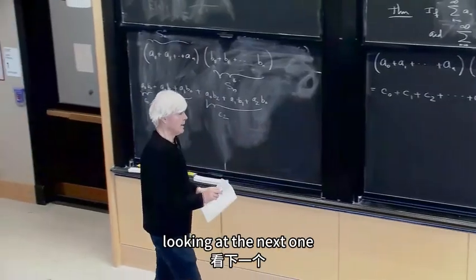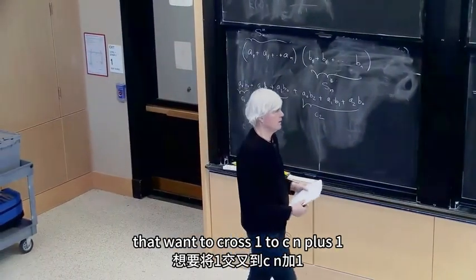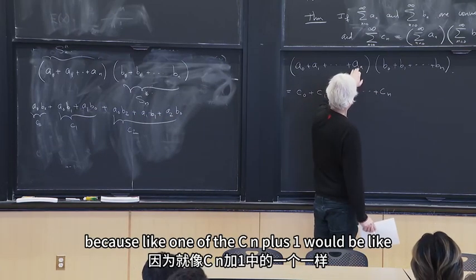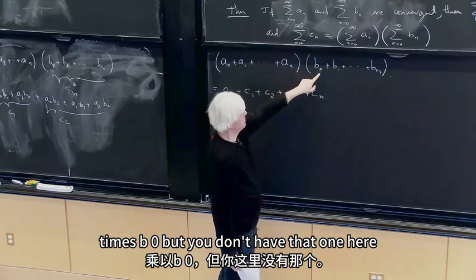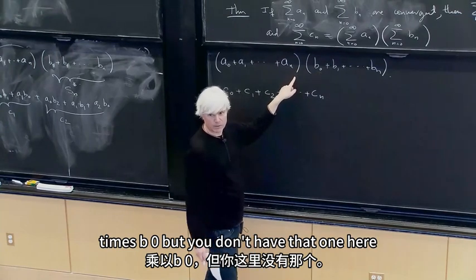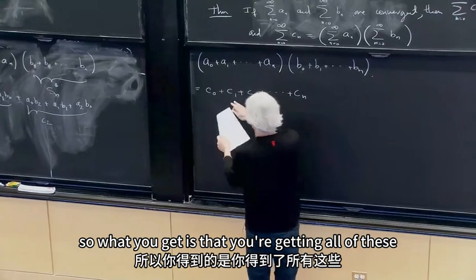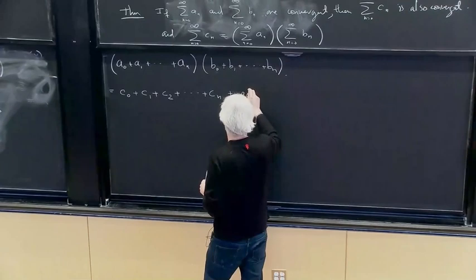But if you're now looking at the next one, Cn plus 1, you're not getting all of the Cn plus 1 terms, because one of the Cn plus 1 terms would be A_{n+1} times B0, but you don't have that one here. So what you get is all of these plus something additional.